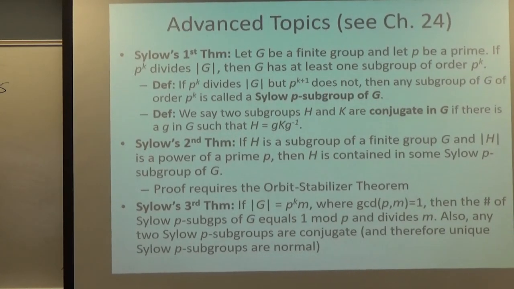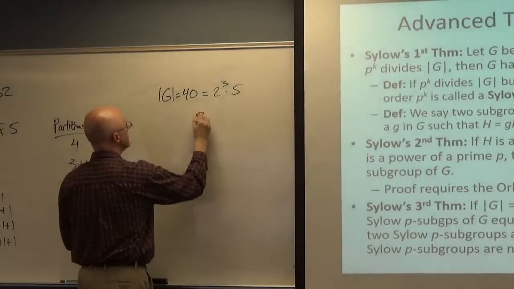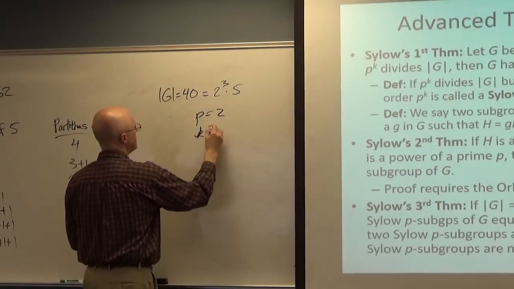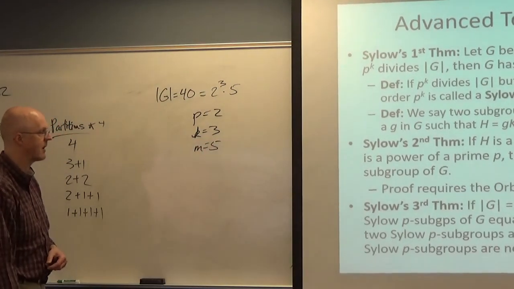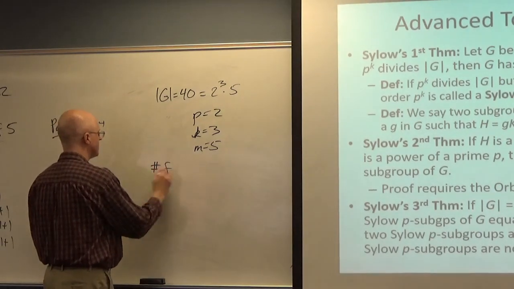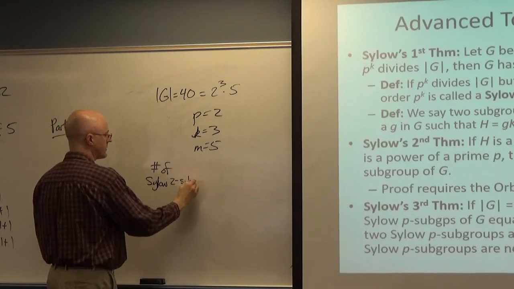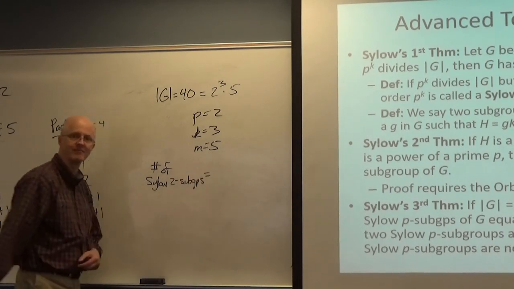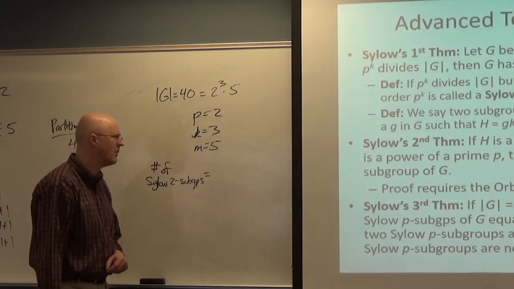Take this example here. Take p to be 2, k to be 3, and m to be 5. 2 and 5 are relatively prime. The number of Sylow 2-subgroups, those subgroups of order 8, 2 cubed, has to equal 1 mod 2.